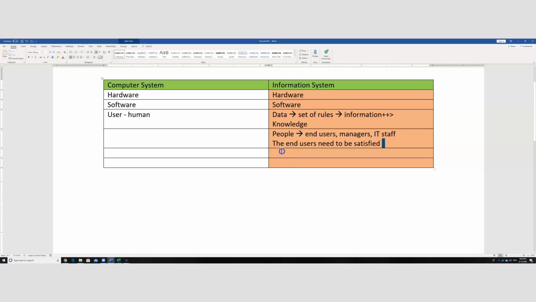Then we talk about procedures. These are policies that govern the operation of the information system, just to make sure there are no problems. For example, if some kind of disaster happens, we do have a disaster recovery plan ahead of time in order to respond to it. And I could also add communication, because communication today is very critical.